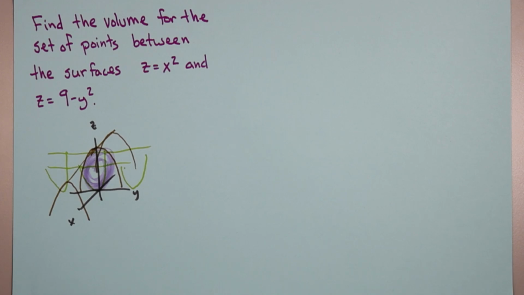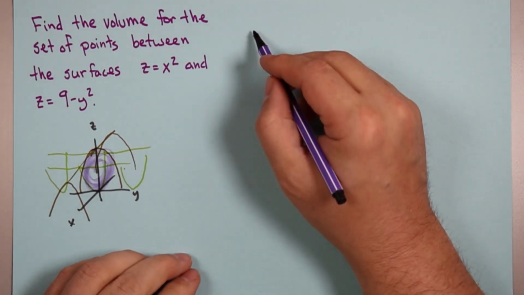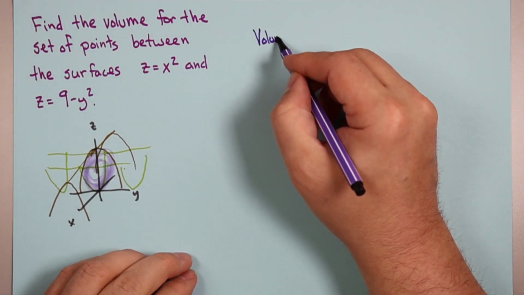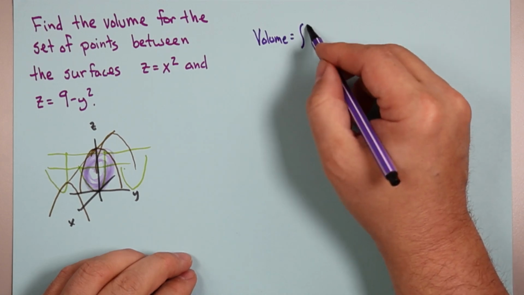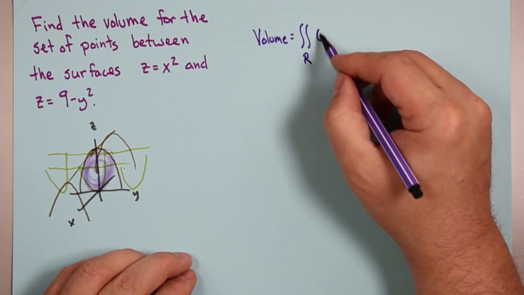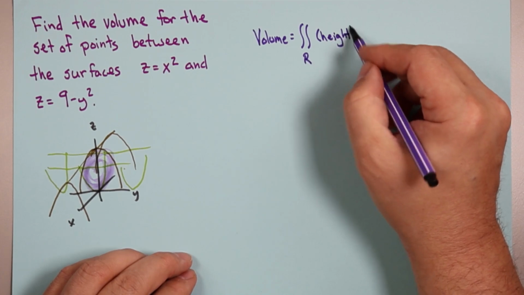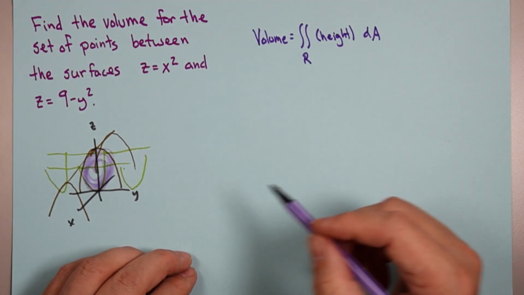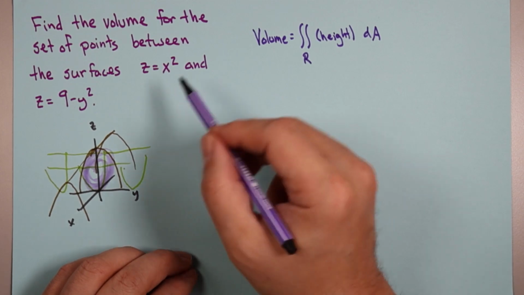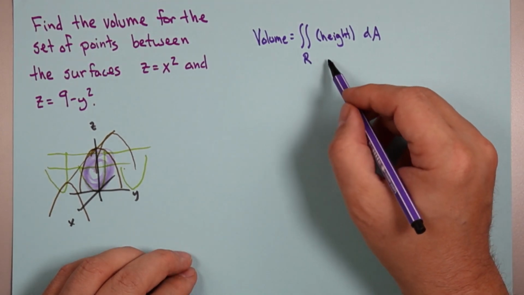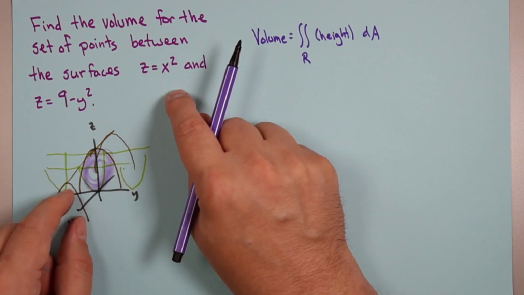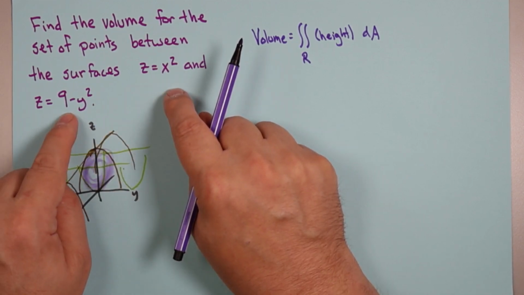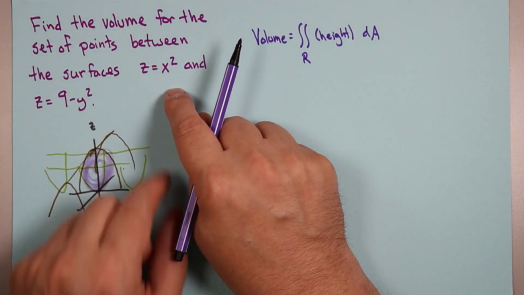Now, we've got to extract some things here. So we say, okay, so if we want volume, well, we're going to integrate over our region R a height. Okay, now that seems a very reasonable formula. We say, all right, well, which one should be the one on the top? Well, in our case, the top, the larger one, is the 9 minus y squared, and the smaller one is the x squared.